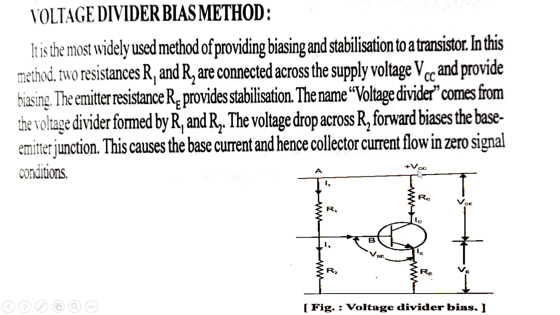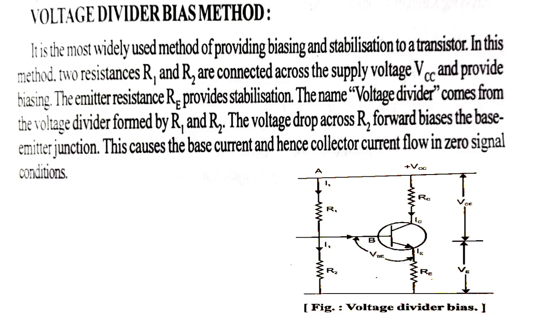This is the positive terminal of the supply VCC, and here is the negative terminal of the supply VCC, and those two resistors are thus across it.